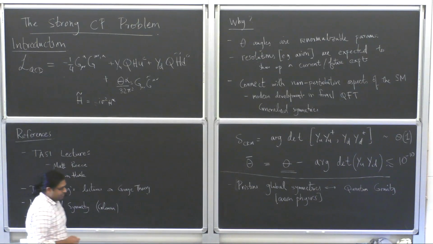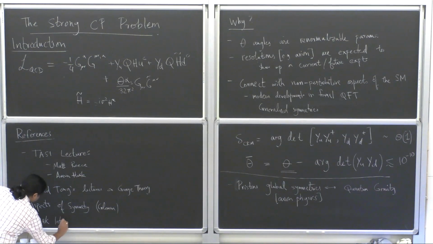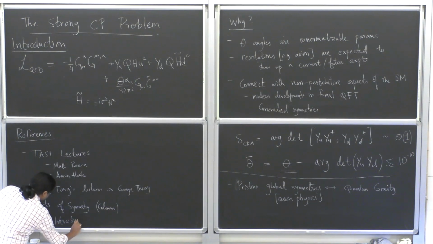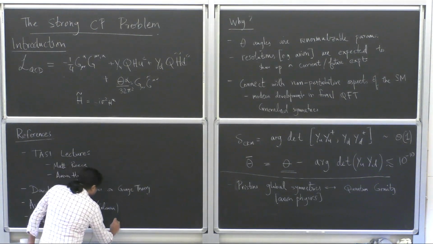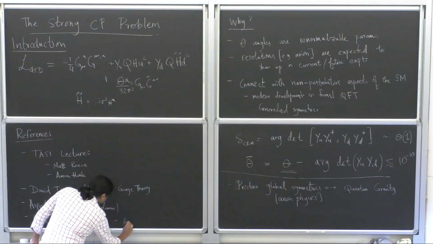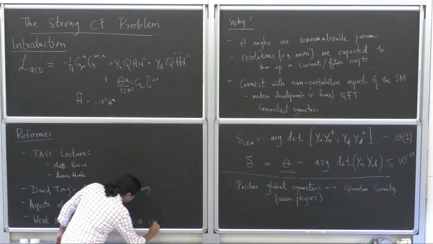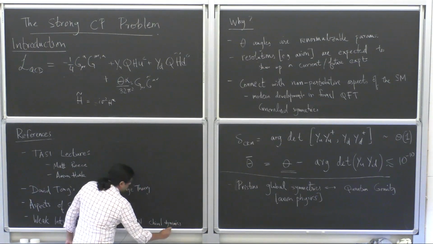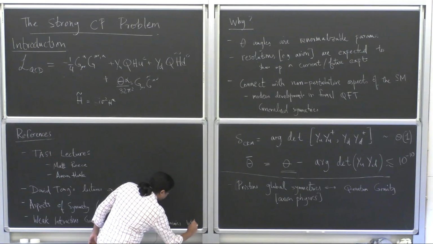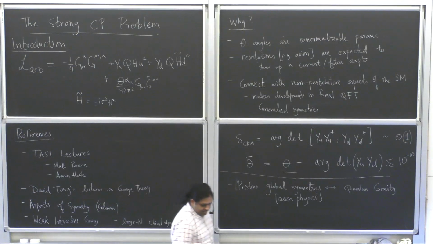We'll talk about another reference which is useful when we talk about the chiral Lagrangian, which is Weak Interactions by Georgi. And finally, there's a classic paper that we'll try and follow when we discuss the chiral Lagrangian, which is Large N and Chiral Dynamics by Witten. So this is a partial list of references. We'll add more references as we go along.